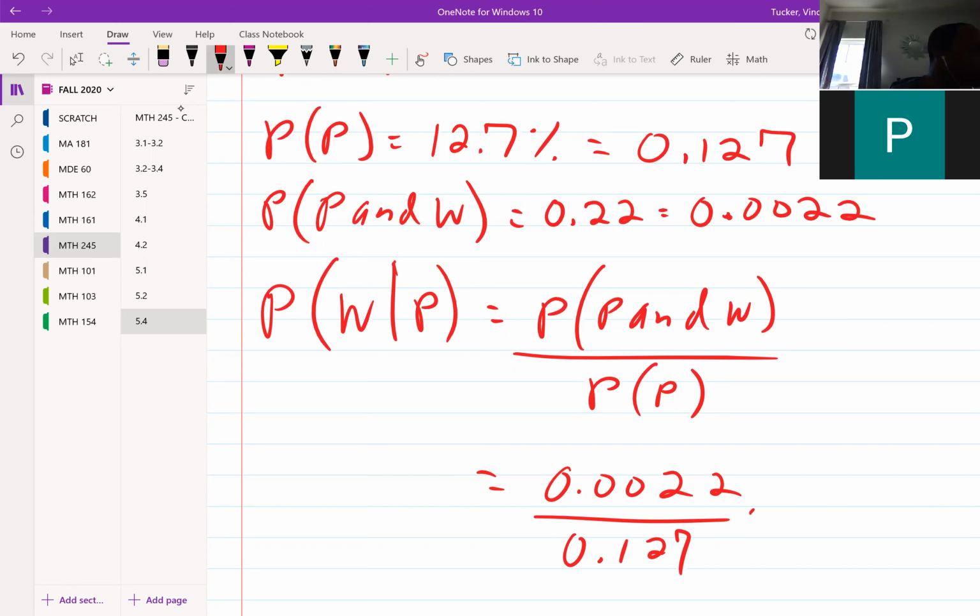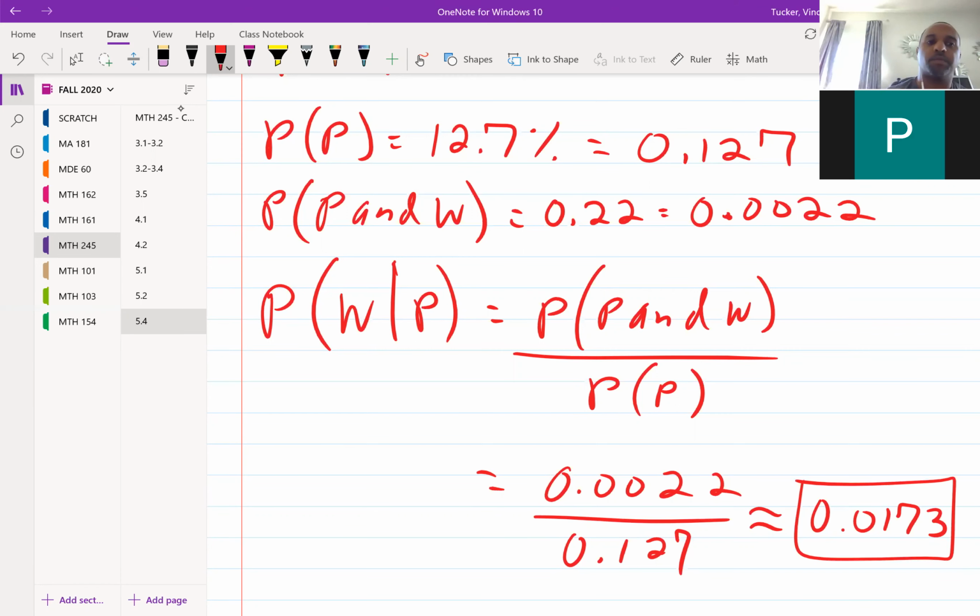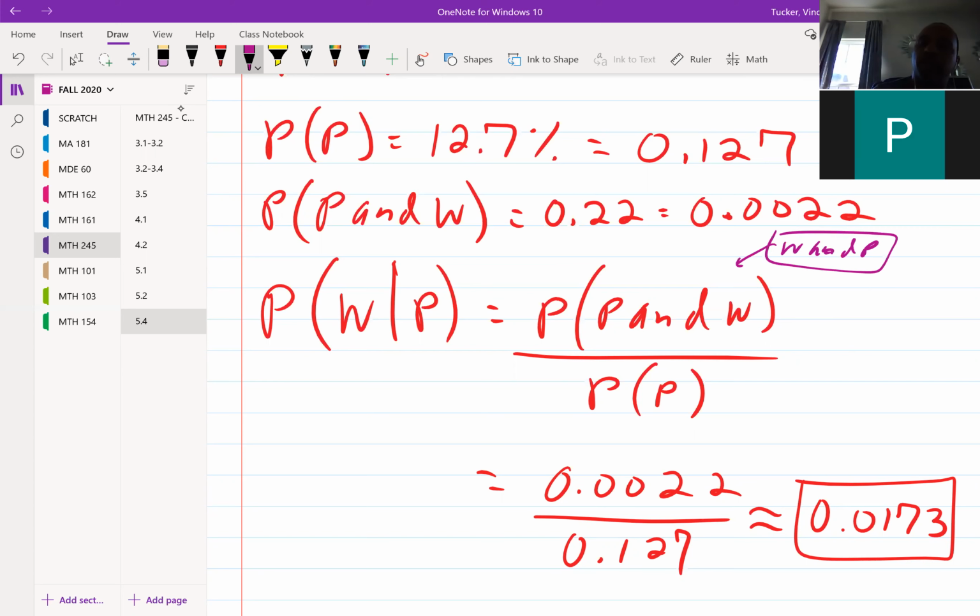Throw that in the calculator, it's 0.0173. All right, questions on that? And I didn't notate this before, but P and W or W and P, whichever way you write it, those are the same thing.